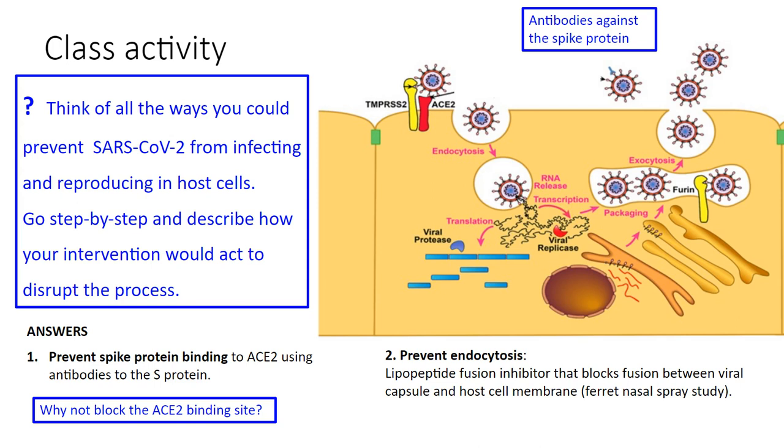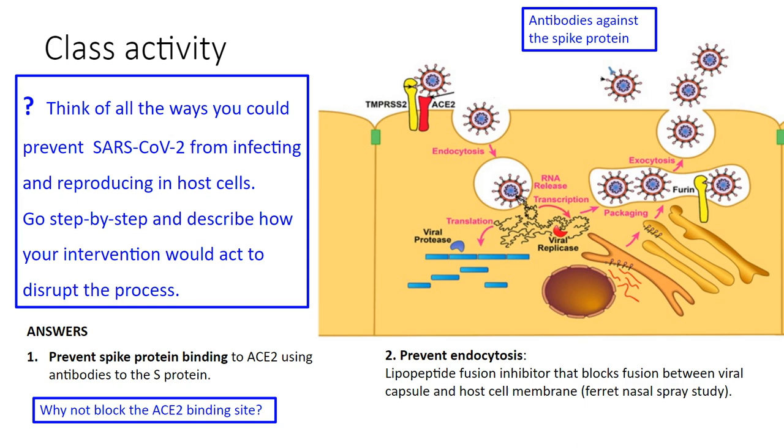And it turns out there's a very interesting study that was in a preprint server, and it just came out in the peer-reviewed form. And there is a group that is using something called a lipopeptide fusion inhibitor that blocks fusion between the viral capsule and the host cell membrane. And if you don't get that fusion, you can't let the RNA loose into the host cell.